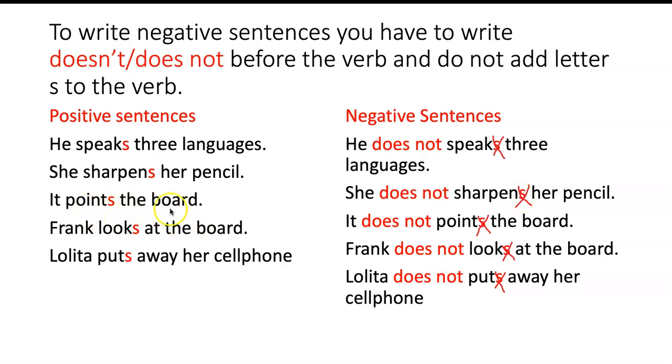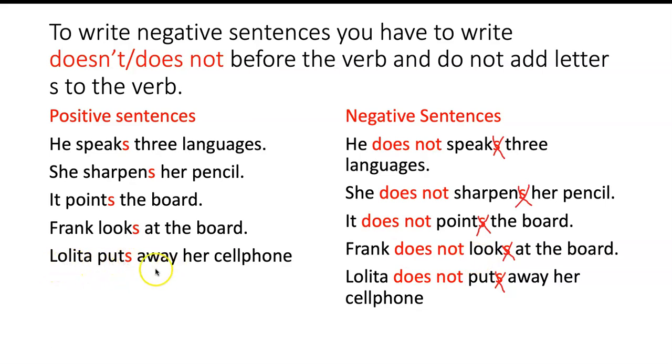It points the board. It does not point the board. Letter S disappears because you have the auxiliary. Frank looks at the board. Frank does not look at the board.